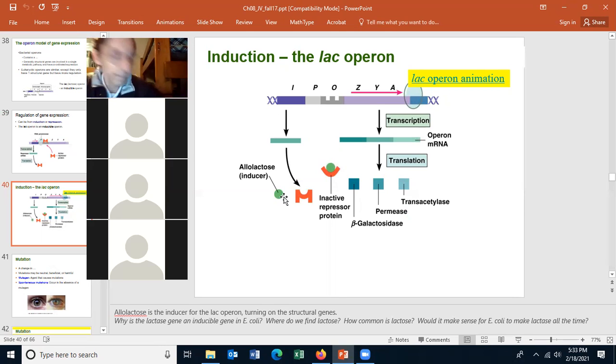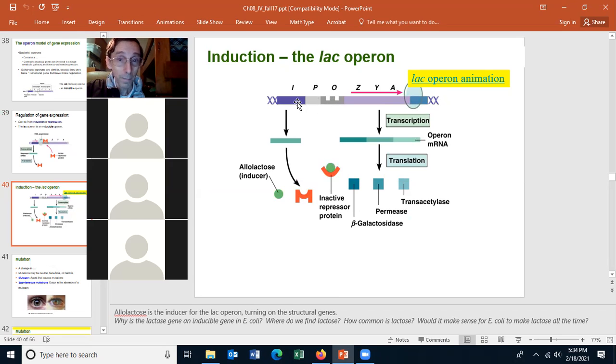Did that make sense? Yes. Okay. And allolactose is the inducer. Allolactose will bind to the repressor protein and inactivate the repressor protein. If all of the repressor protein is inactivated, then none of it can bind to the operator.